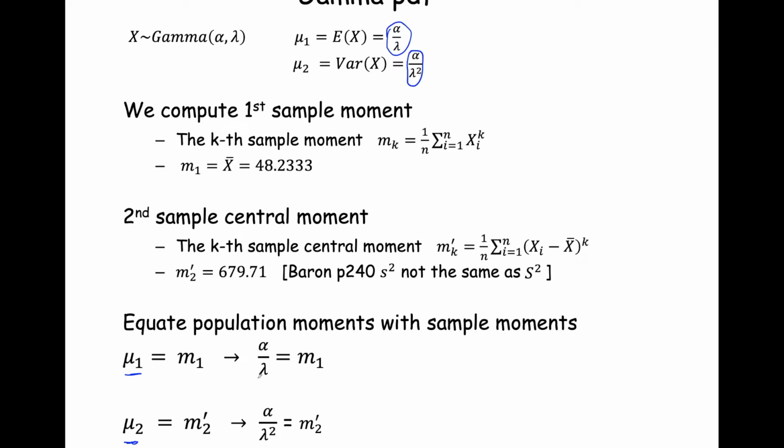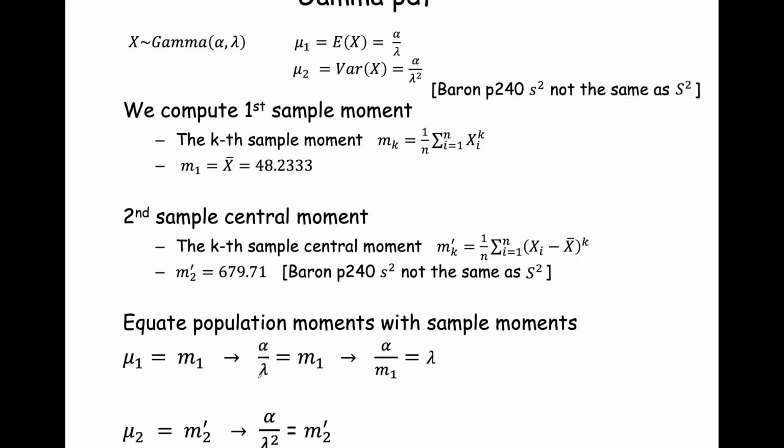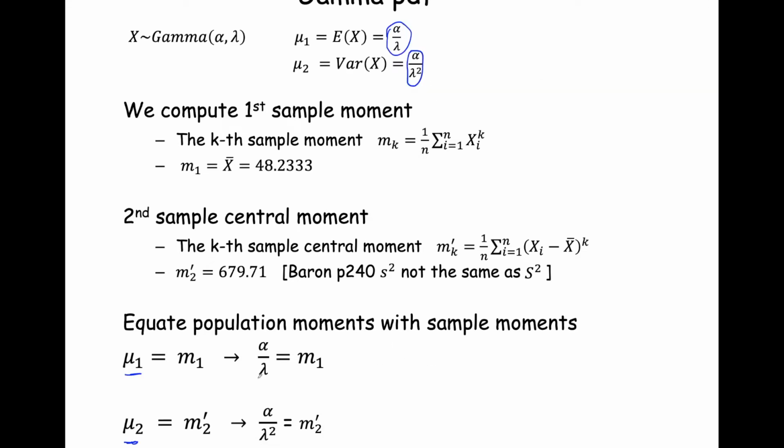Now we substitute for m1 and m2 prime. But because we have two equations, we're going to do a little bit of algebra. We're going to use a result from the first equation in the second equation, because here we have lambda, we can isolate lambda, and plug that into the second equation to give ourselves a solution.